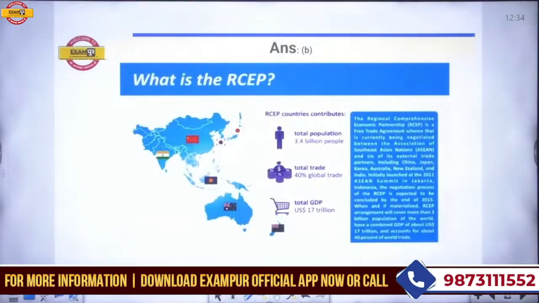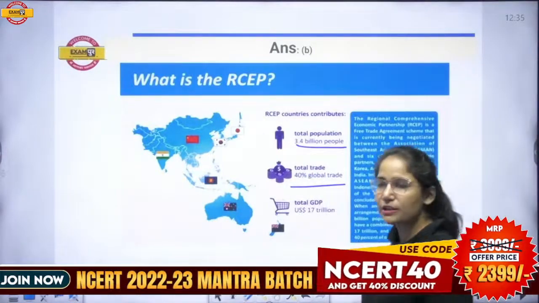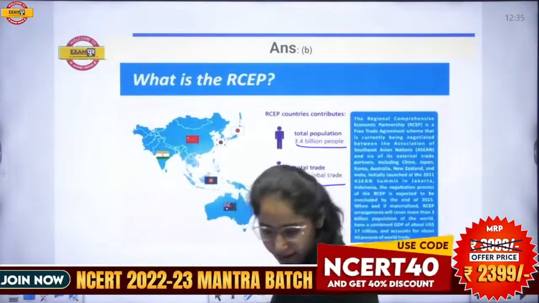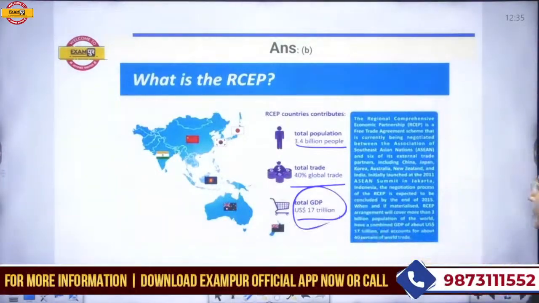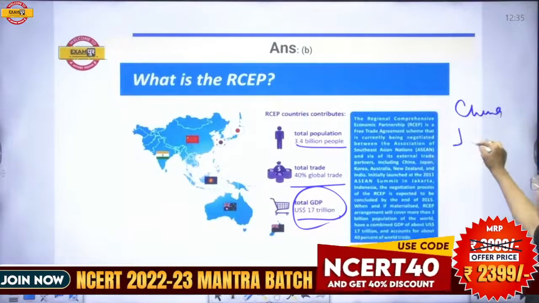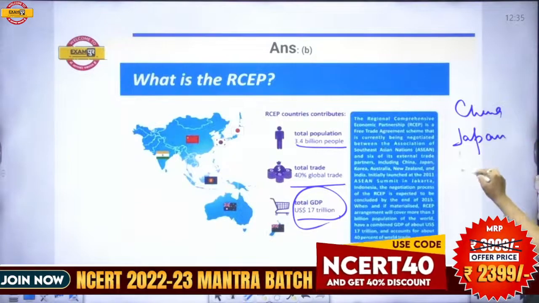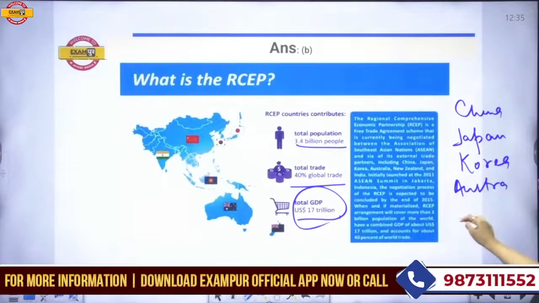These are the countries where 3.4 billion people live, and 40% of global trade takes place in RCEP, and you can take a glance at the total GDP. So beyond ASEAN: China, Japan, South Korea, Australia, New Zealand, and India used to be a part.